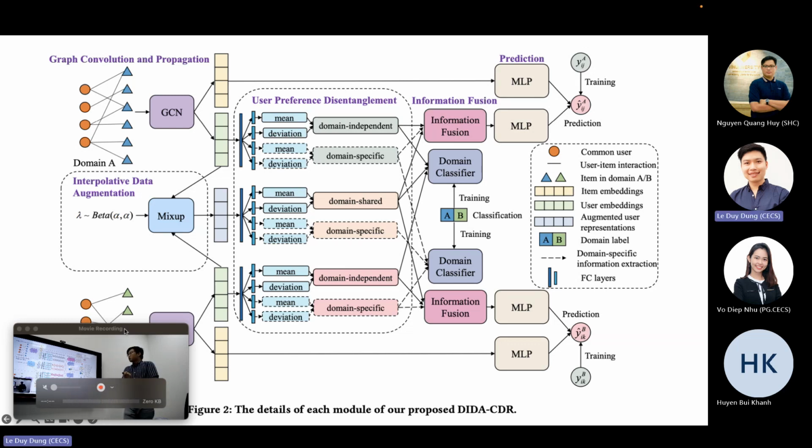So what is the difference between domain-independent and domain-specific? Like, with movie and music, we have two domains.